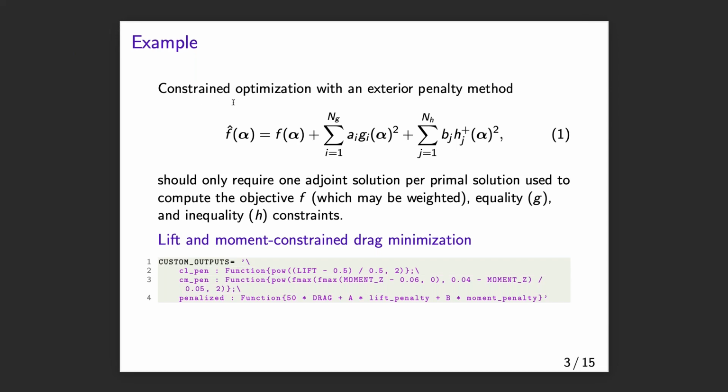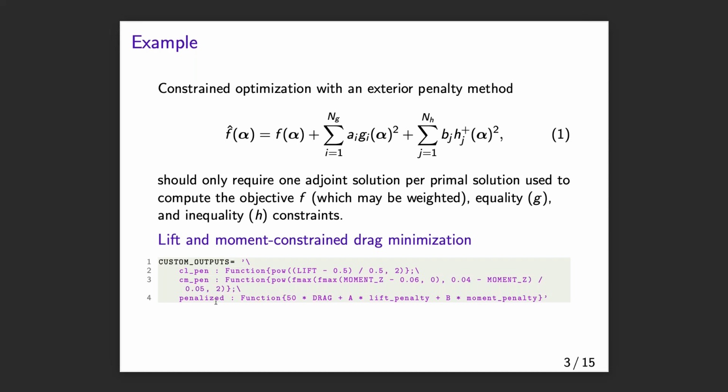So I'll do a constraint optimization with an exterior penalty method, and in this strategy, you should only require one adjoint solution per primal solution used to compute the objective, which in this case is drag. But also because you're lumping all your constraints together with this, you still only need one adjoint per operating point.